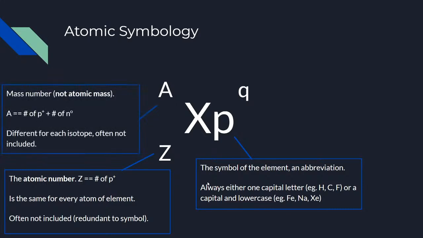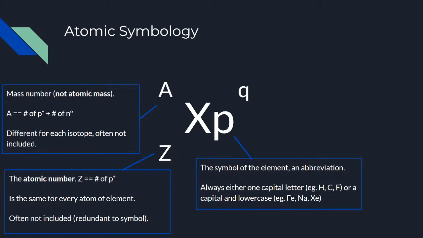In the upper left, we put the mass number. Now, I want to stress, the mass number is not the atomic mass. The atomic mass is the measured mass, the average mass in atomic mass units. The mass number is an actual counting of the total number of protons and neutrons.